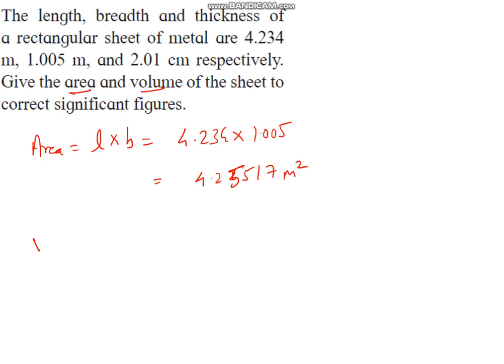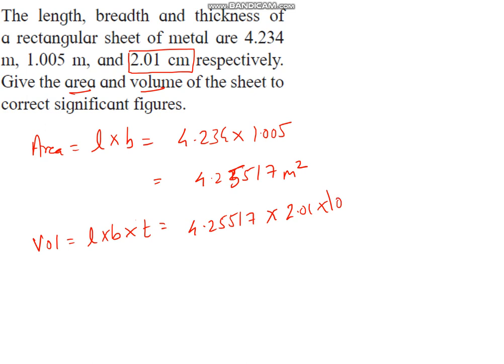And what about volume? So volume is length into breadth into thickness over here, not height. So area we already got. How much is that? 4.25517 into, for the thickness over here, if you observe this, it is given in centimeter. So we'll write it as 2.01 into 10 raised to minus 2 to convert this into meter.